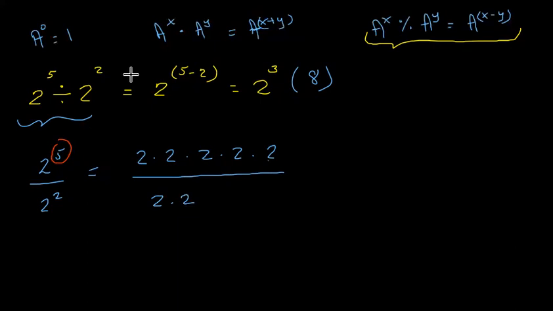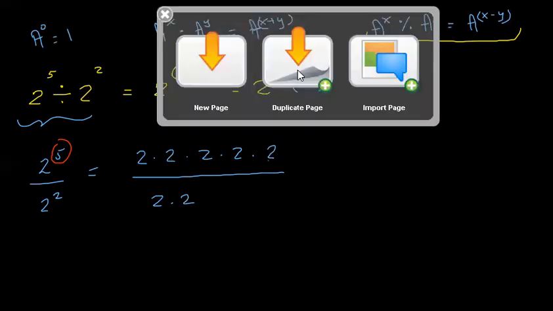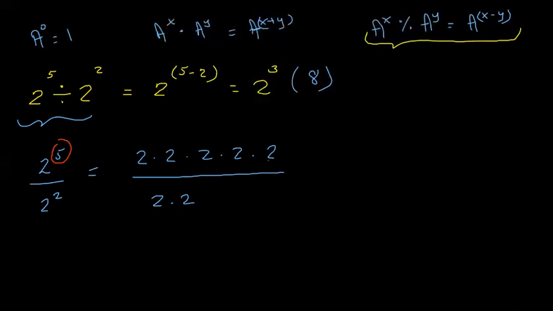Now, at this point, I could just cancel out, and I'm going to be left with 2 to the third power, 2 times 2 times 2, which is 8. Okay? So I could do that at this point. First of all, let's do that, and then we'll do it another way.